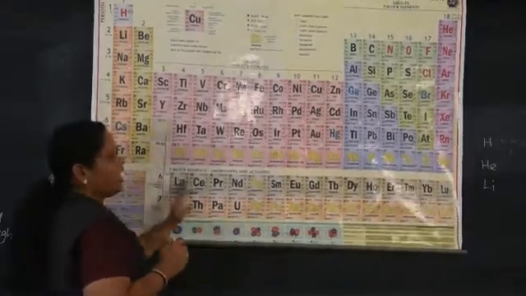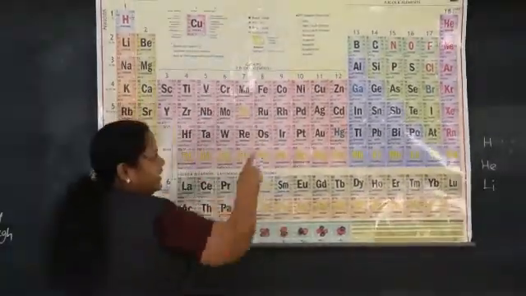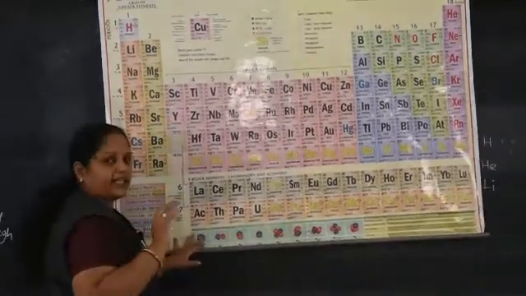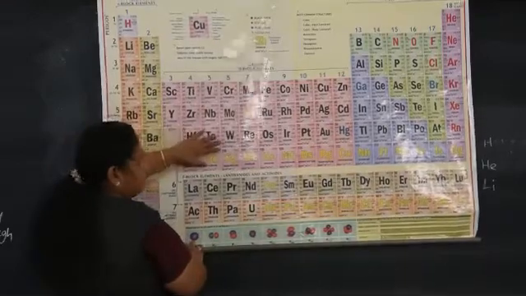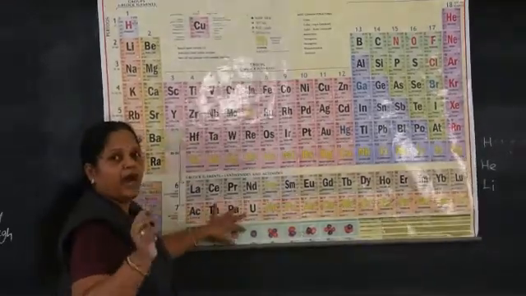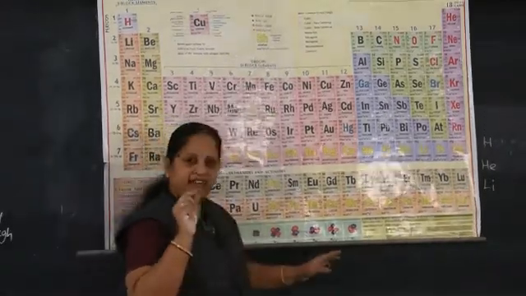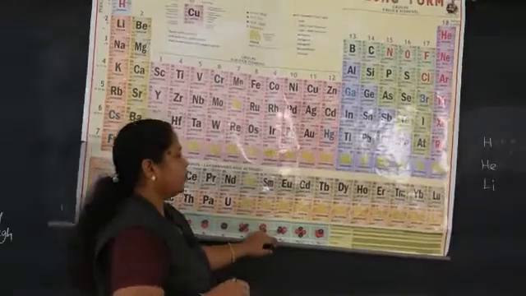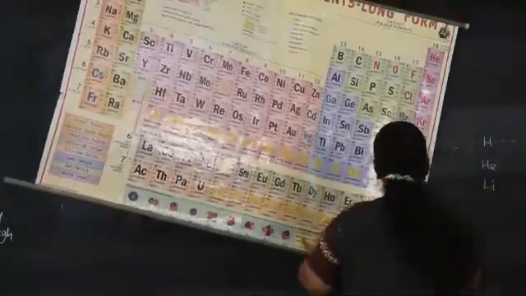A vertical column is called a group. Horizontal rows are called periods. Totally 7 periods and 18 groups.